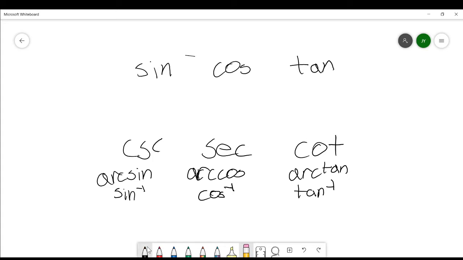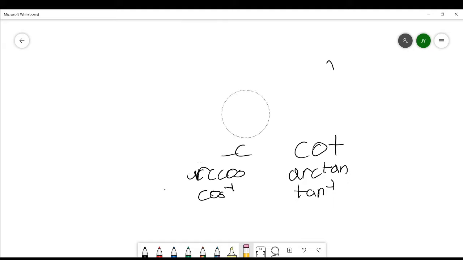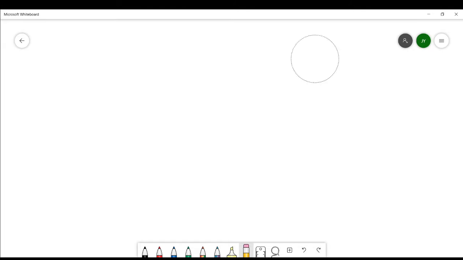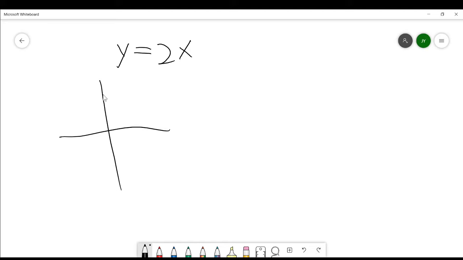All right. So you all know what an inverse function is, right? Let's erase everything first. Let's do a quick review. All right. Let's call this y equals 2x. Graph of this looks something like this, right?